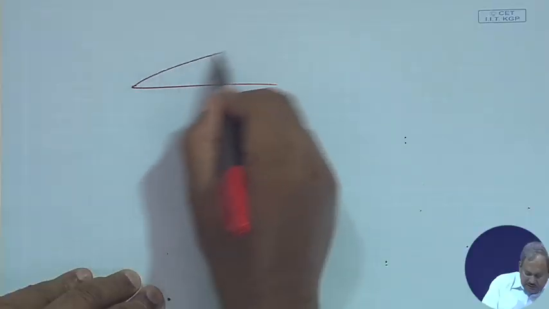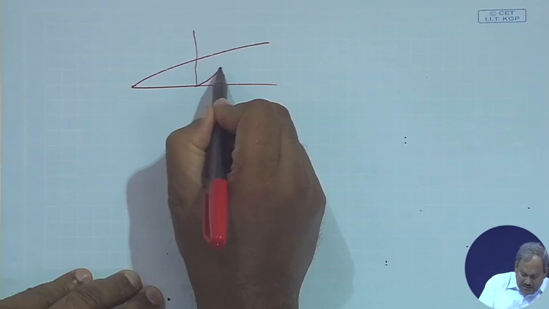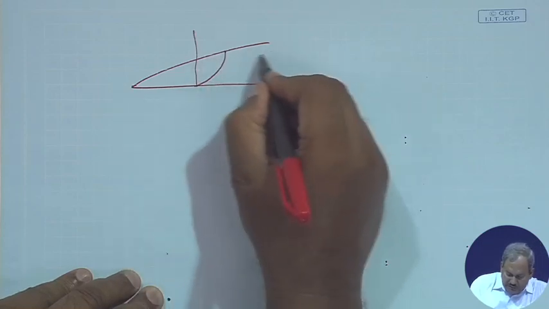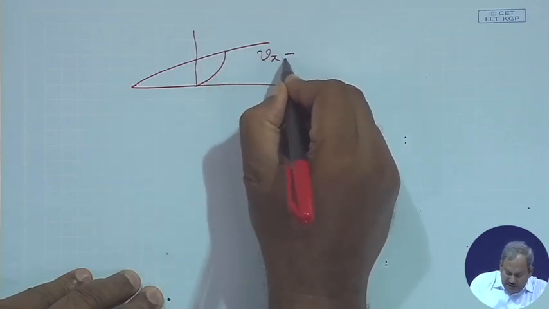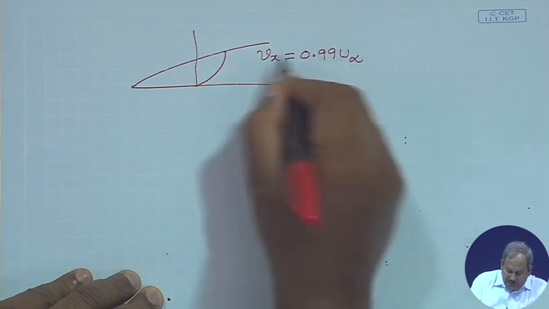So, the common practice is that the boundary layer thickness is the thickness at which the velocity, that is Vx, is equal to 99% of the free stream velocity.